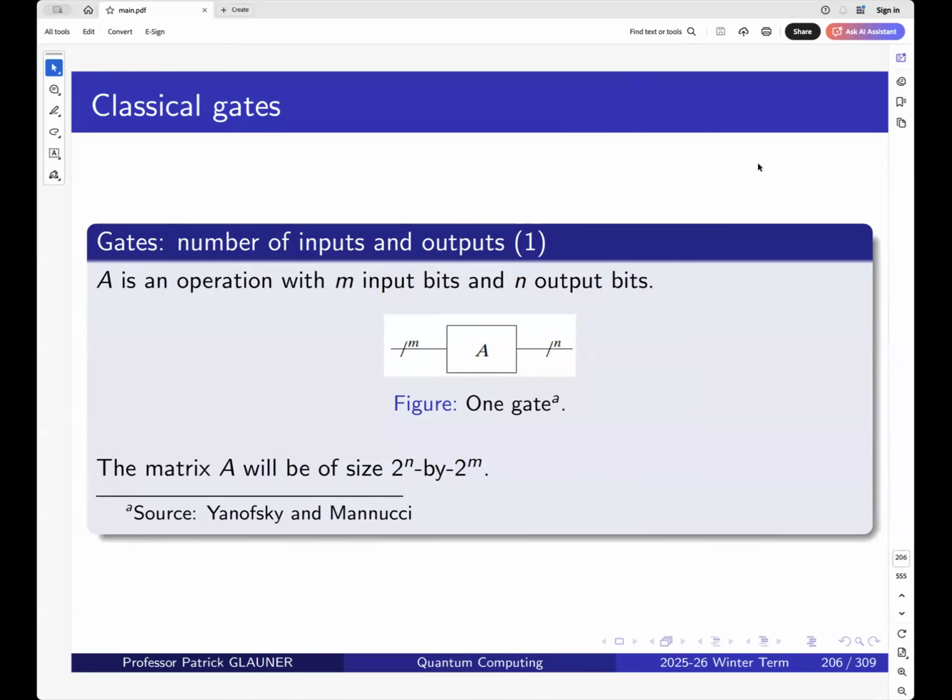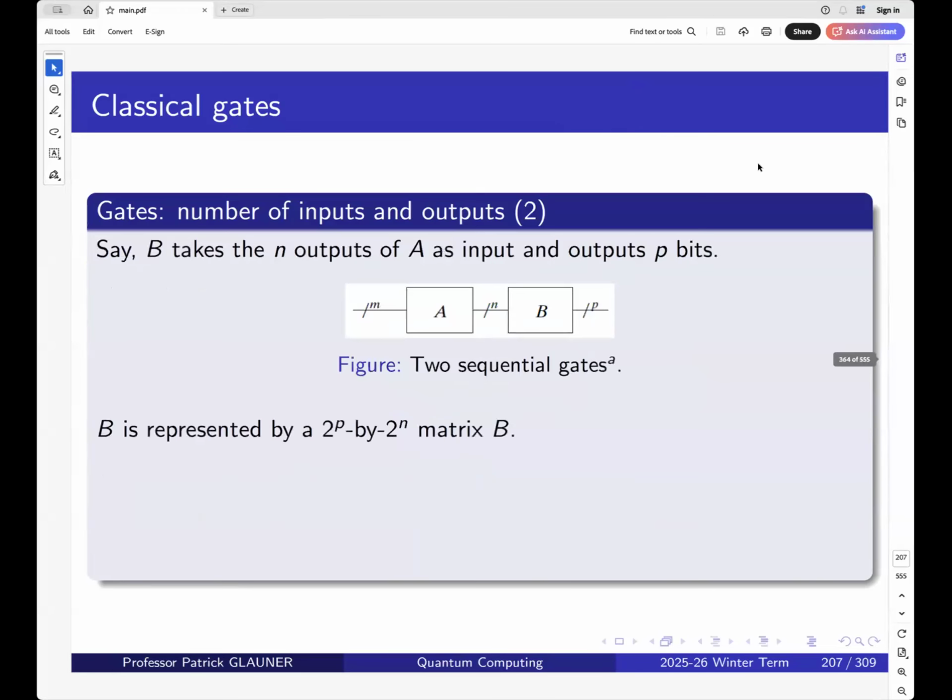And then we can now try to build more complex circuits. We have just looked at that from the perspective of the NAND gate, where we have one operation, A, with m many inputs and n many outputs.